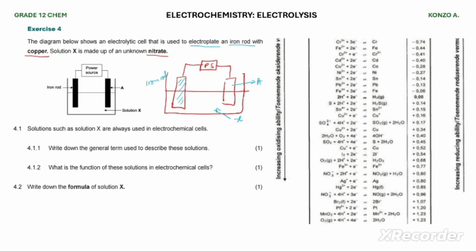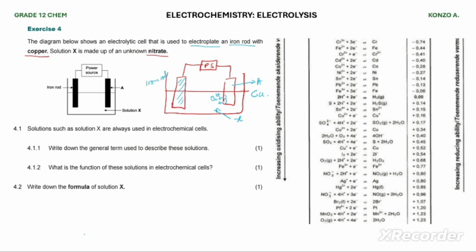So automatically we know that the electrode on the right-hand side should be copper, and for it to electroplate the iron, it has to lose some of its mass, bits and pieces of it, in the form of copper ions.